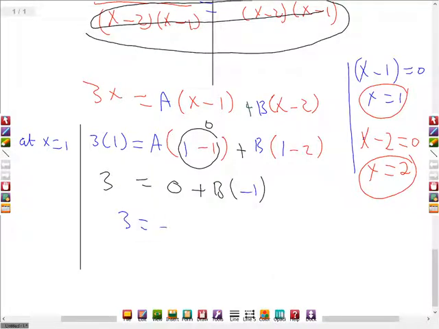Then 3 equals negative B. Divide by negative 1 on both sides: negative 3 equals B. We're done with B.